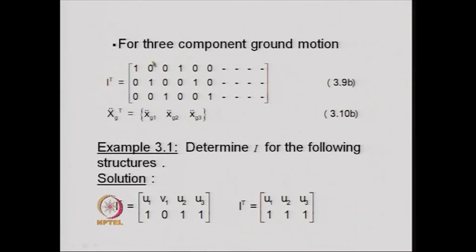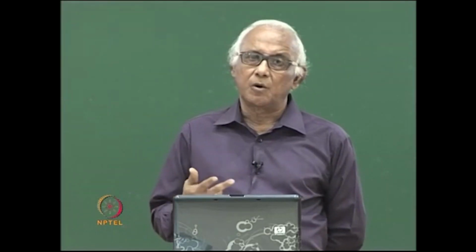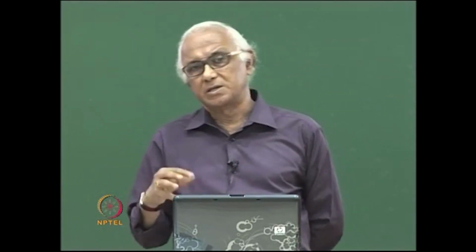But we see an interesting thing: the influence coefficient vector I, whether it is for a single component earthquake or a 2 component earthquake or a 3 component earthquake, generally consists of 1s and zeros.